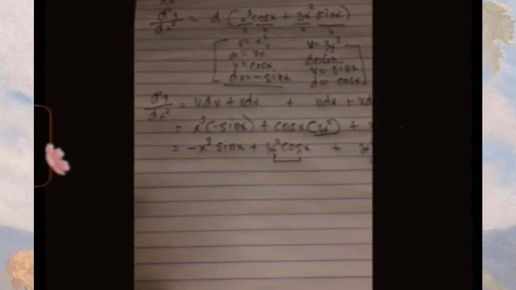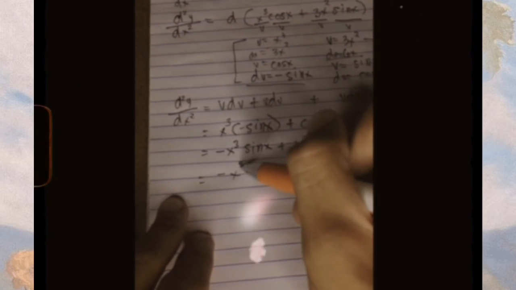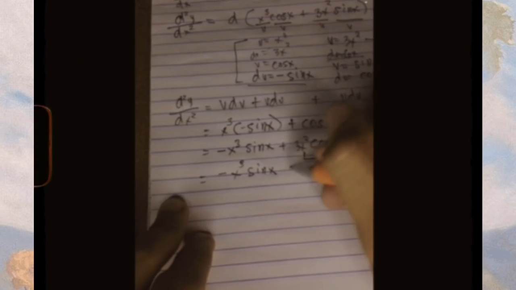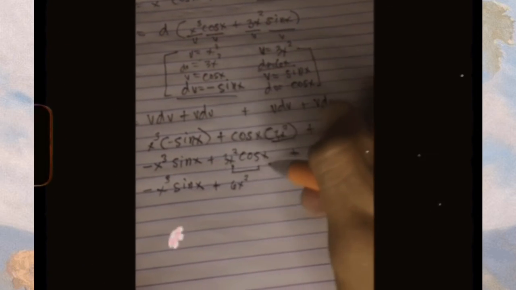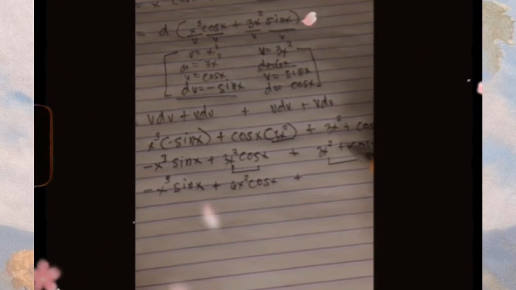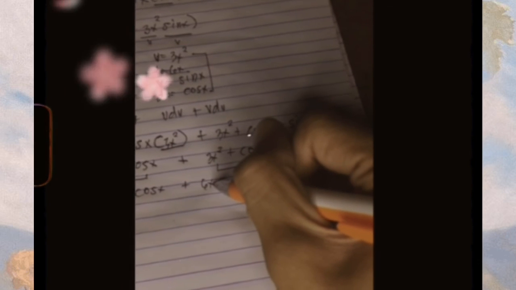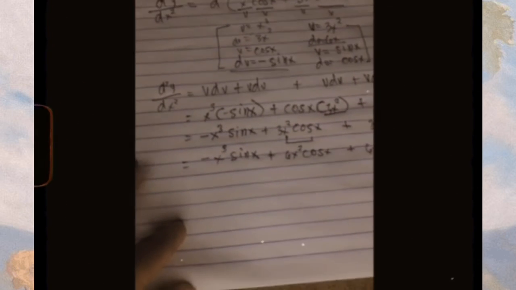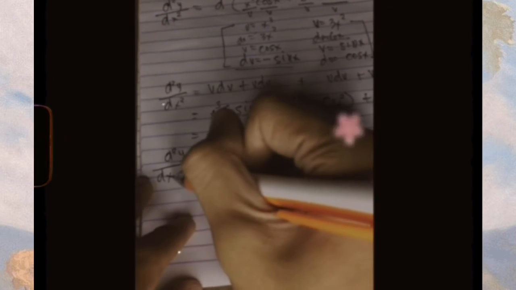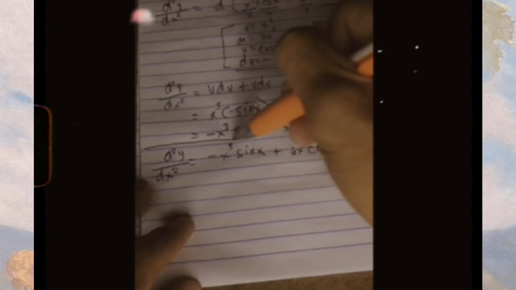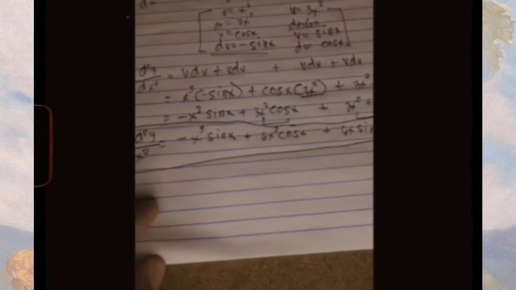Here we combine the like terms: negative x cubed sine x, plus 3x squared cosine x plus 3x squared cosine x equals 6x squared cosine x, plus the last, 6x sine x. So this is the second order derivative of our function.